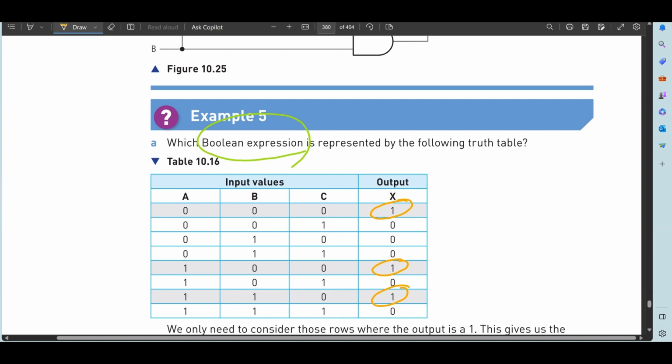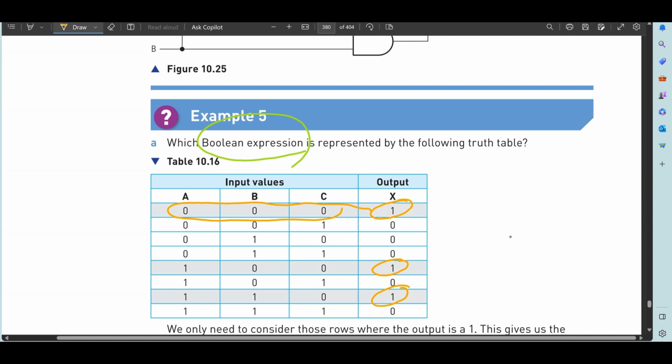Because if everything is off, the power is off, the circuit is off. So we should only look at the values in the output column X which are ones, and for those we need to trace at what combination of inputs it was 1.